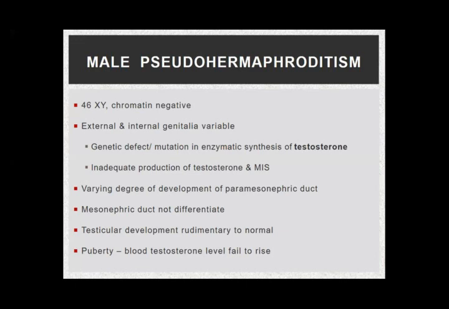Normally, puberty में is a surge, sudden increase level of testosterone, and that acts on the external genitalia and stimulates them to grow rapidly. But in these cases, since the level of testosterone is not adequate, it is below normal, so the external genitalia do not develop.